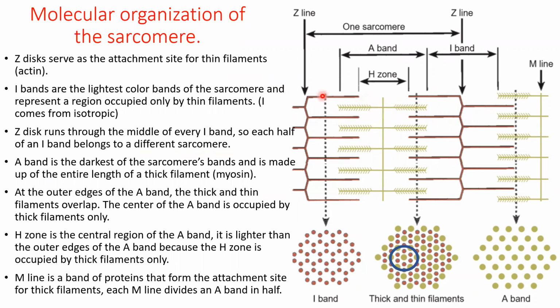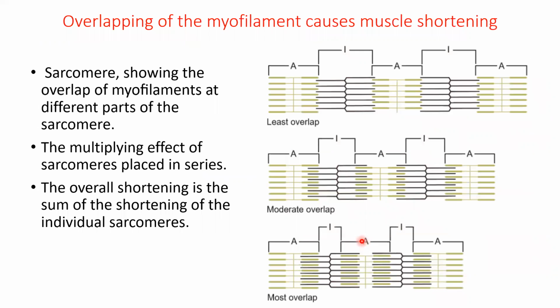If you look at the cross section of it, notice you have this kind of arrangement for all the actins, and you have the same kind of arrangement here, but now you've got myosin in the middle. Is that okay? Good. So that's the arrangement with the I band and the A band. What happens to these bands when the skeletal muscle contracts?